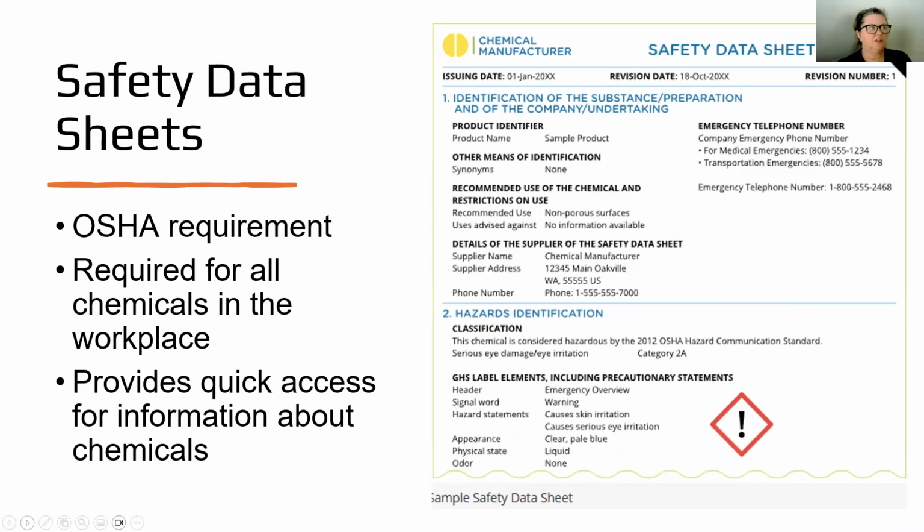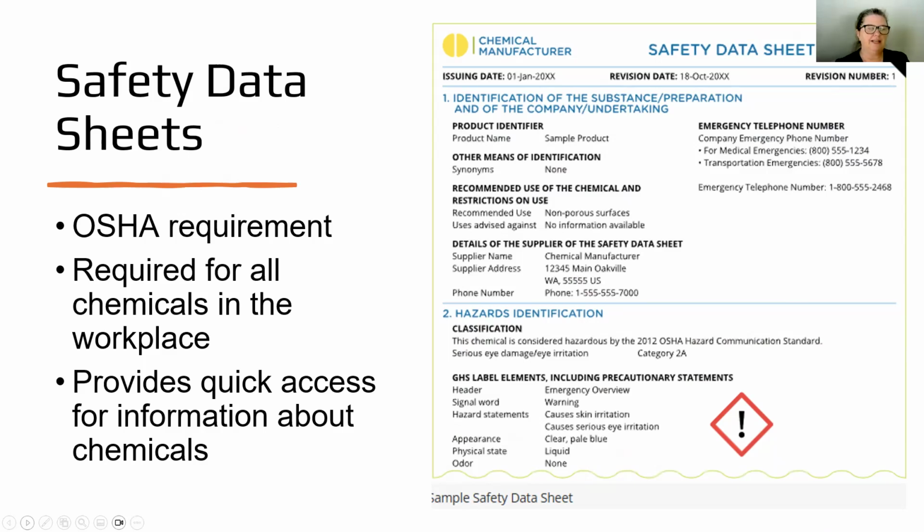One kind of close to last thing I will discuss here is the safety data sheets. This is an OSHA requirement. A safety data sheet is basically a sheet, and you can get these right direct from the manufacturers, that provides quick access and information about all the chemicals that are in your office.